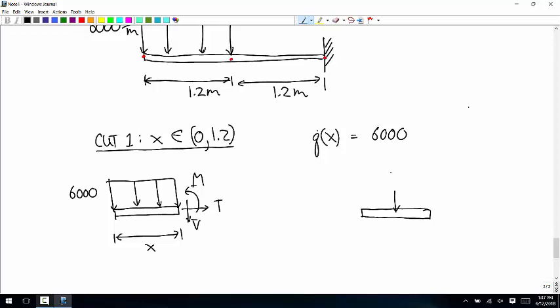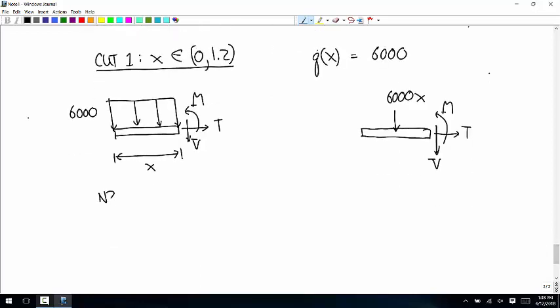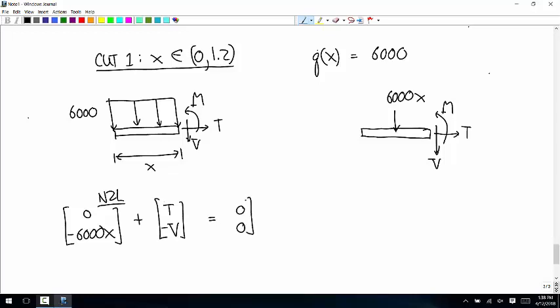The centroid's right in the middle. And so Newton's second law says 0, negative 6,000x plus T, negative V is equal to zero. So there's no tension, and the shear force is negative 6,000x.